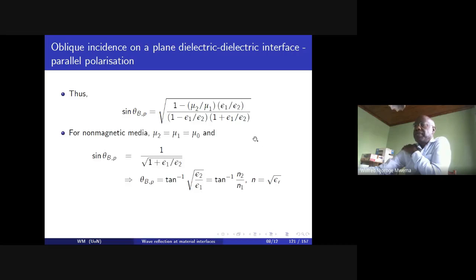Now, what we are going to see, unlike the normal polarization case, is that we can have a nonmagnetic medium which has mu1 equal to mu2 equal to mu0, the permeability of free space, and we can see that the sine of the Brewster angle is a nice angle here: 1 over 1 plus epsilon 1 plus epsilon 2.